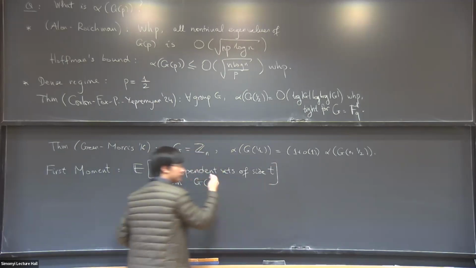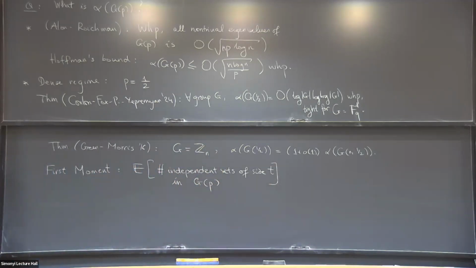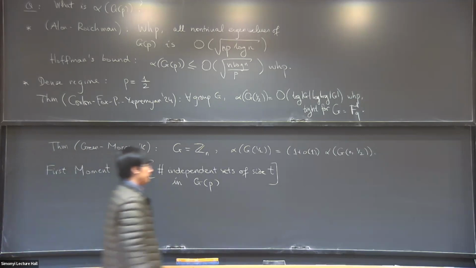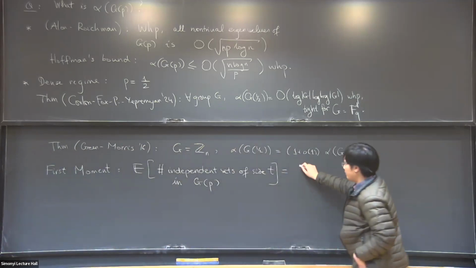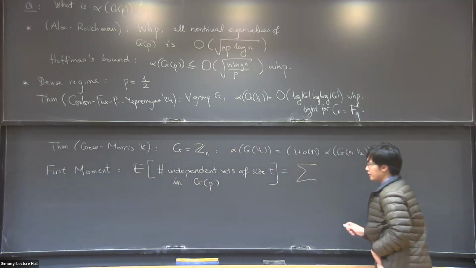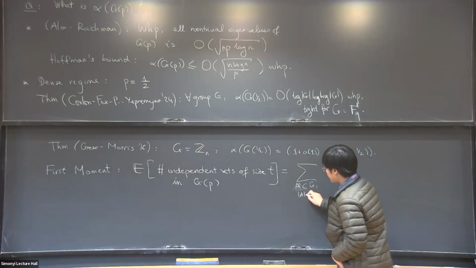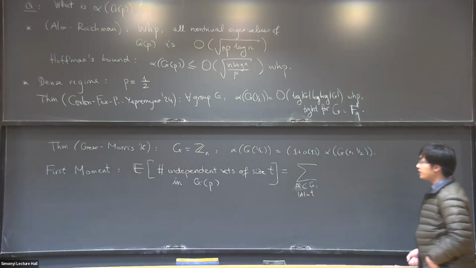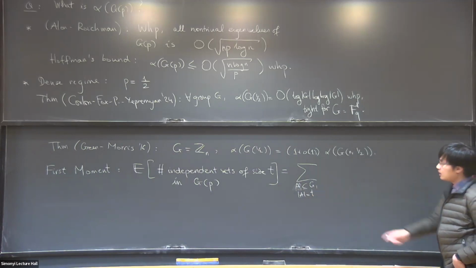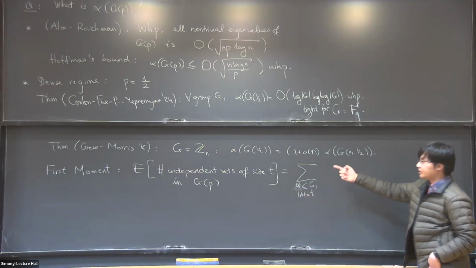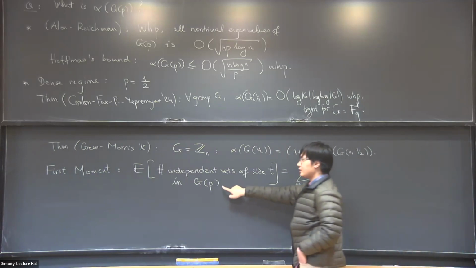And of course, a similar formula applies to the Cayley sum graph. This can be expanded out in the following form. This is a sum over all subsets A of the group G of size equal to T. And here we would need to compute the probability that this subset A becomes an independent set in this random Cayley graph.